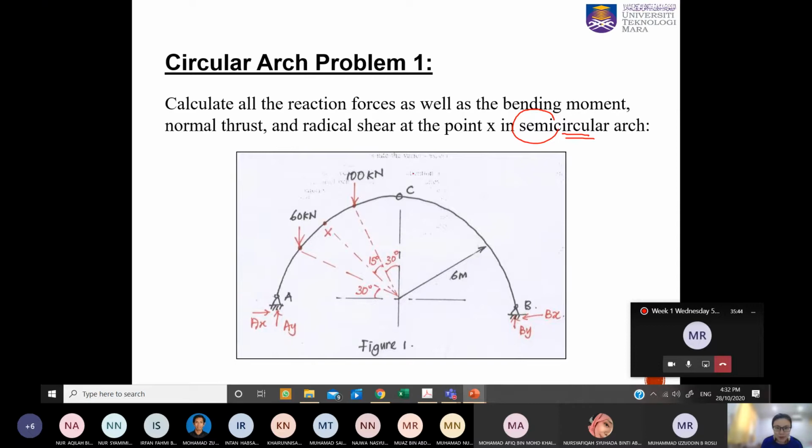The arch, we have the hinge. We have pin supports, with AY and AX at A, BY and BX at B, and then we have 60 kilonewton and 100 kilonewton, and our point of interest is at X. Several angles have been provided to you in order to determine these internal forces at X. So what do we have to do now?